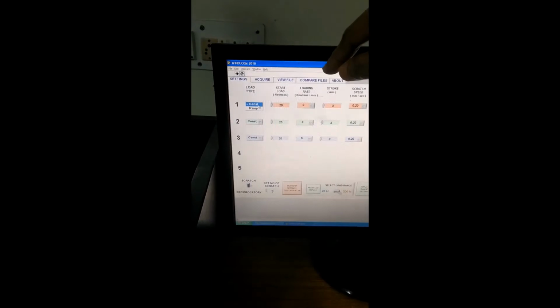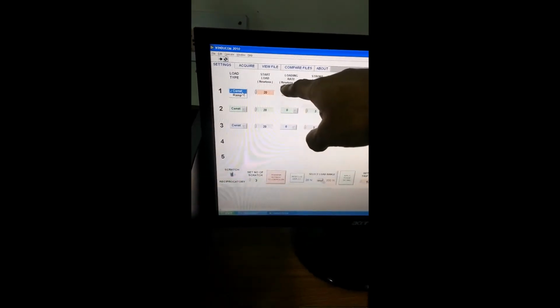Constant load means the indenter load, which is nothing but the normal load applied on the specimen, is equal to the entered value of the load, and that remains constant throughout the scratch length.